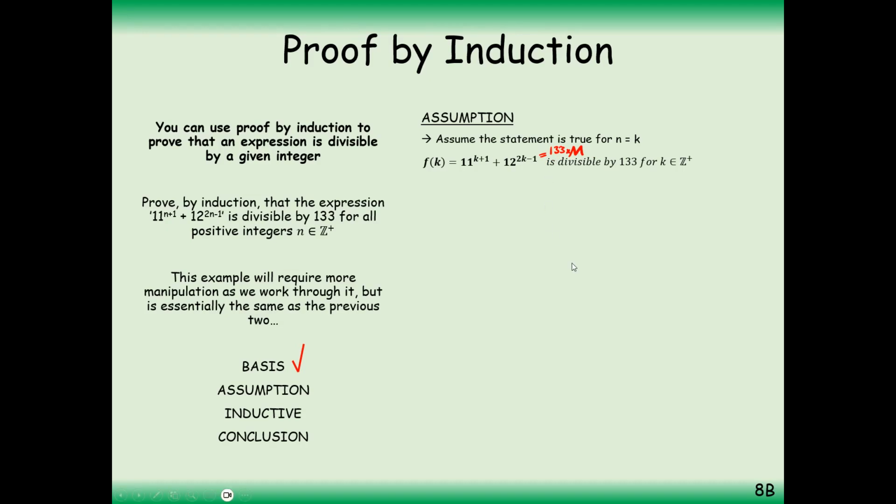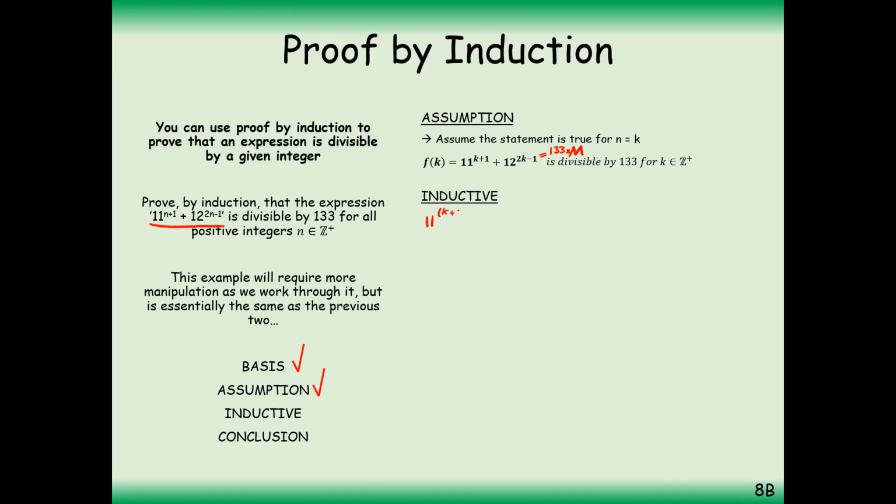our assumption. So now what we're going to do is use the inductive step and substitute k plus 1 wherever the n was in the original formula. So if you look at it carefully, we're going to use a bracket where the value of n was. So we'll have 11 raised to the power of k plus 1 plus another one.